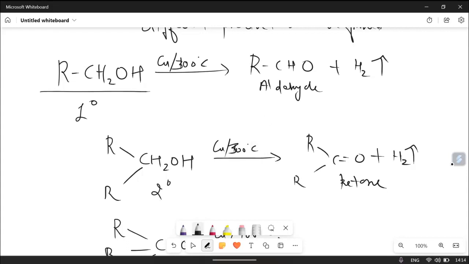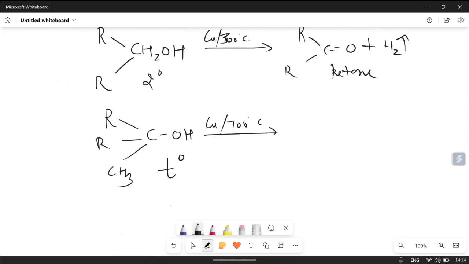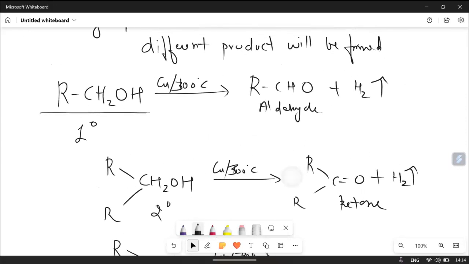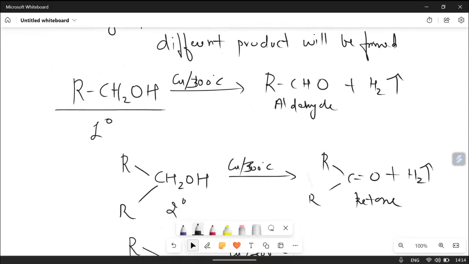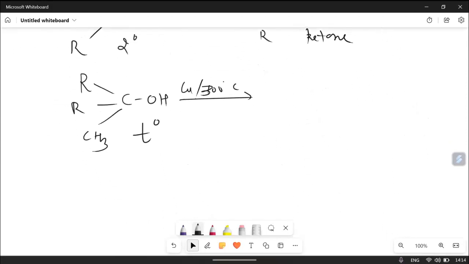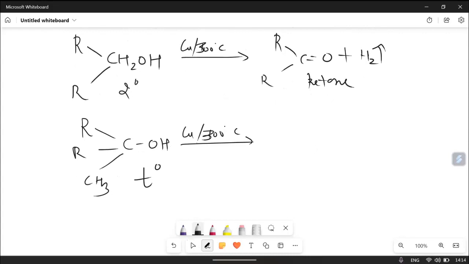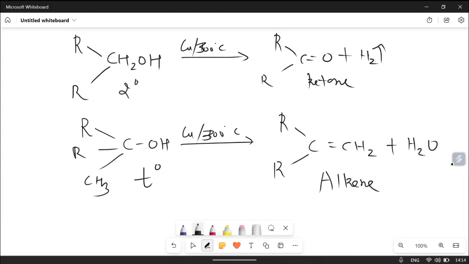You have to write down 300 degrees Celsius. So in this reaction, at 300 degrees Celsius, it will form R2C=CH2, so alkene will be formed plus water molecule will be removed during the reaction.